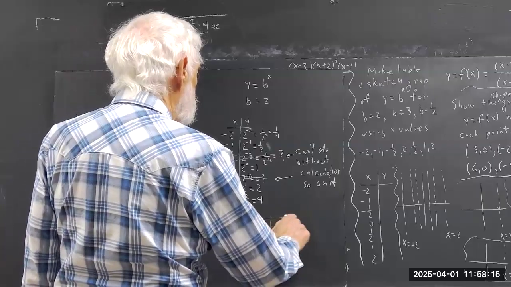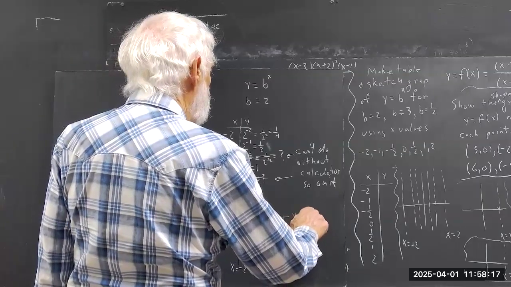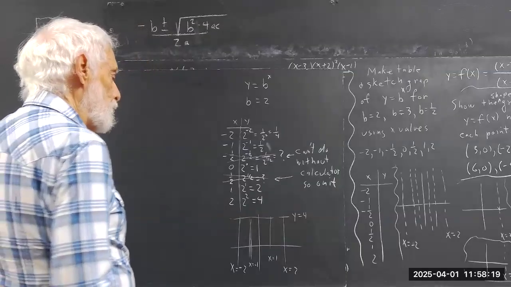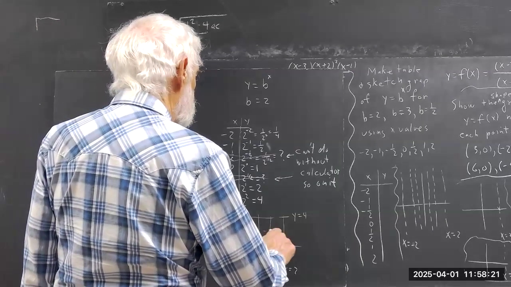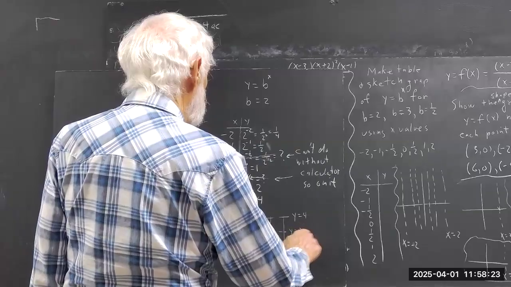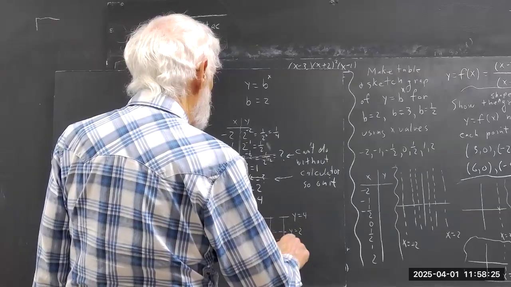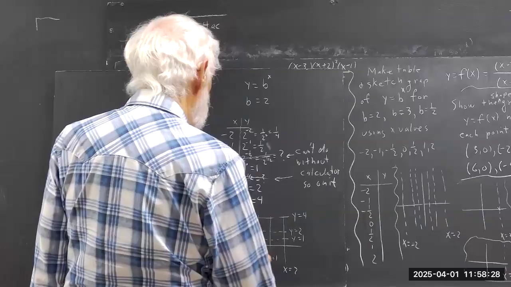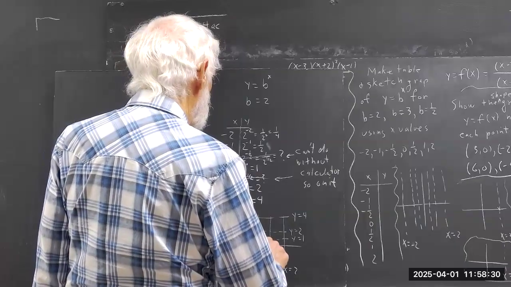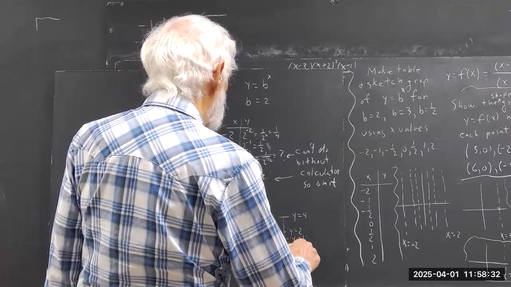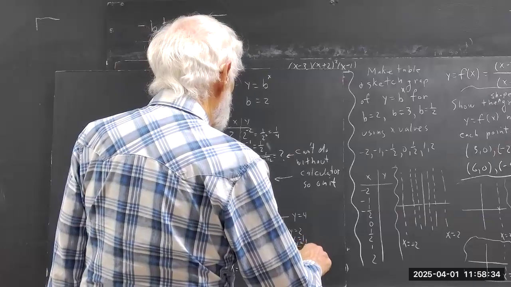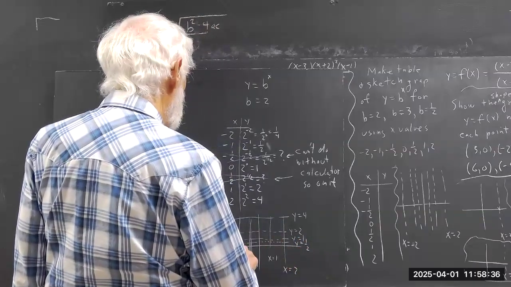Well, we can do what we've always done. We put y equals 4 here, and then we start subdividing. Here's y equals 2. Y equals 1. Y equals 1/2.